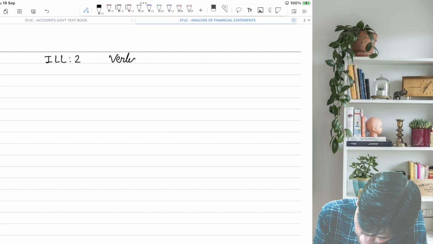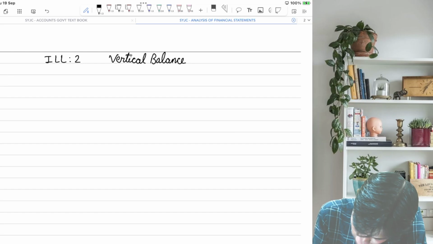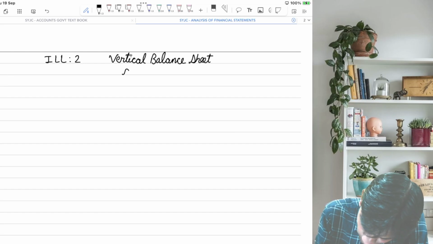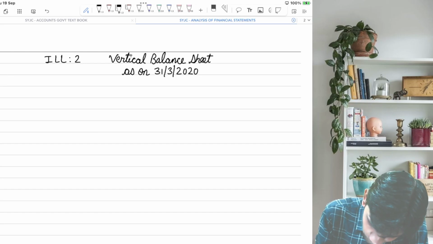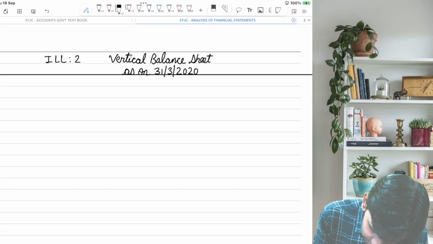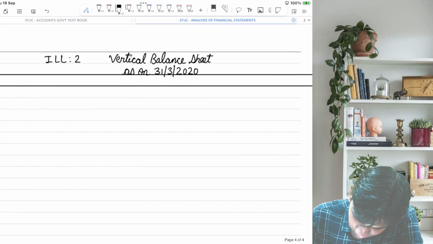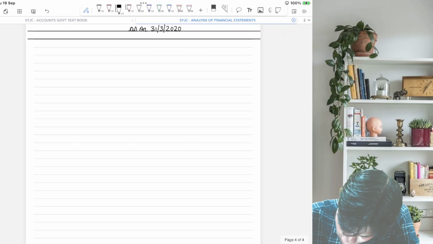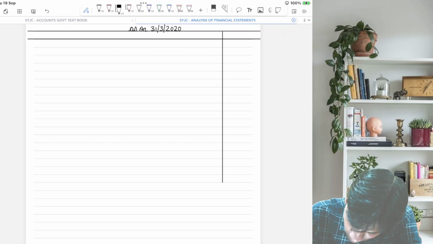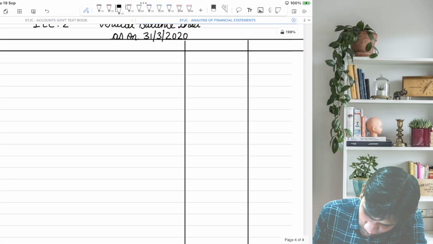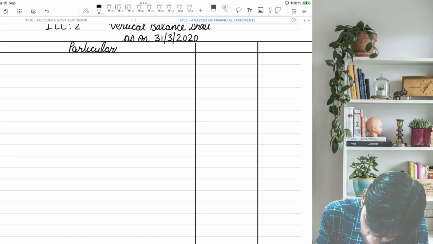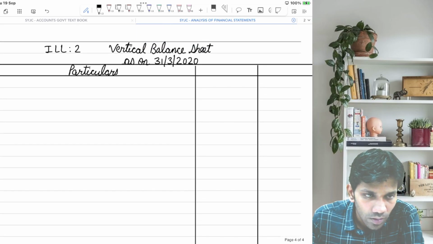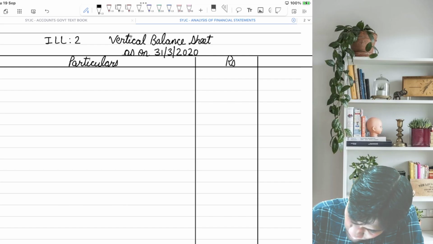This is vertical balance sheet as on 31st March 2020. Let's prepare the balance sheet. Done. This will be particulars. This is my rupees.